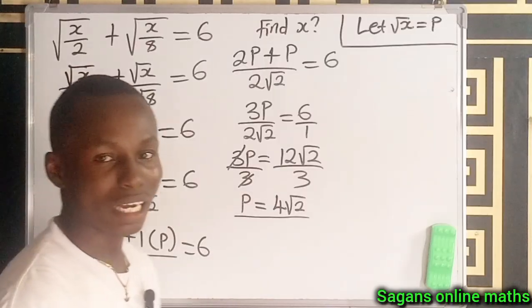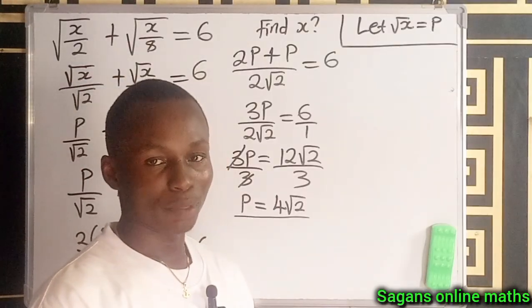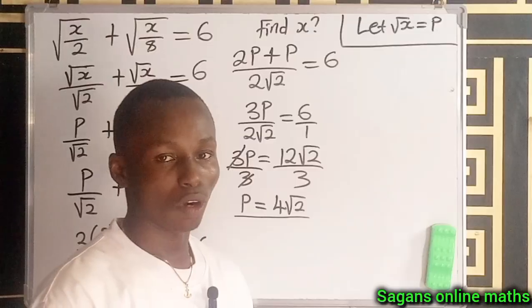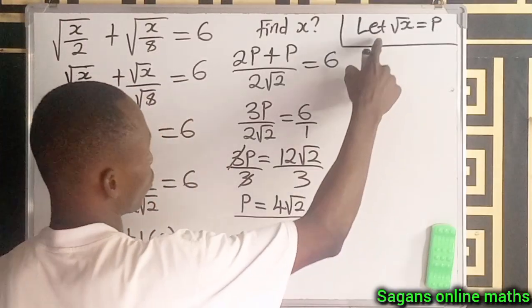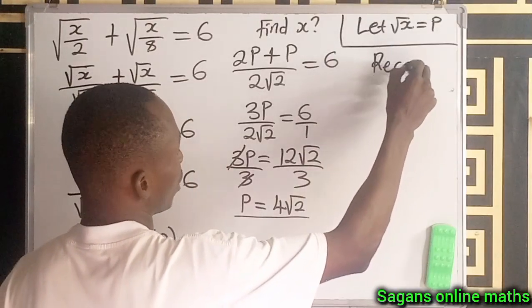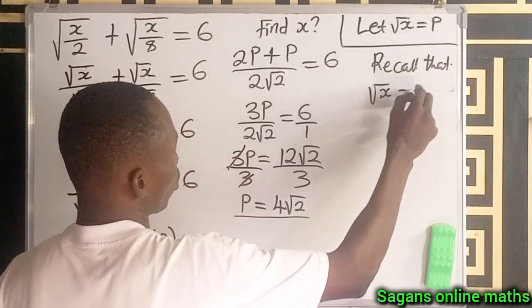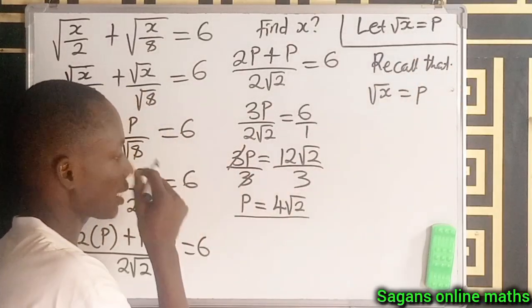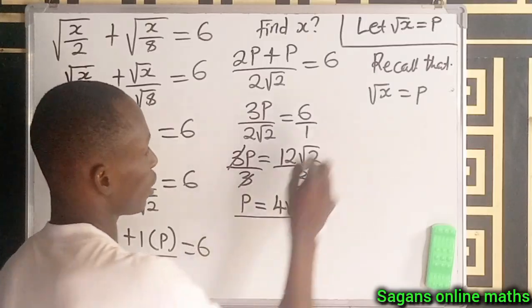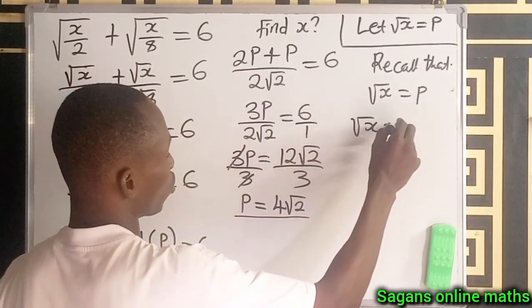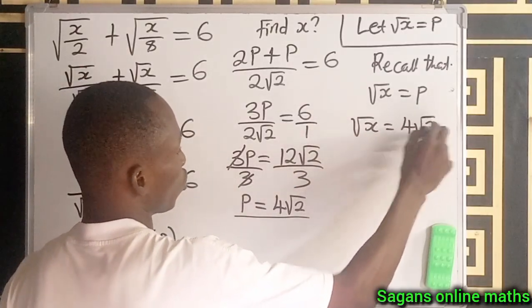But remember, we are not asked to solve for the value of p. We are asked to find the value of x. Let's recall that root x is equal to p, as you can see here, and we know that our p is 4 root 2. So that means root x is equal to 4 root 2.